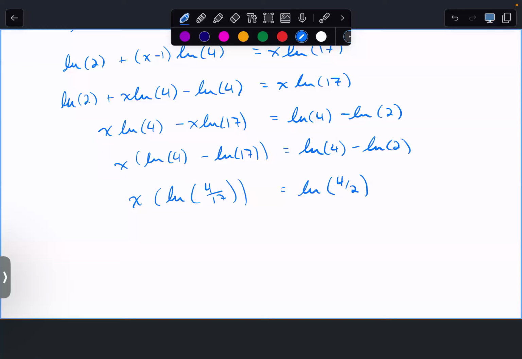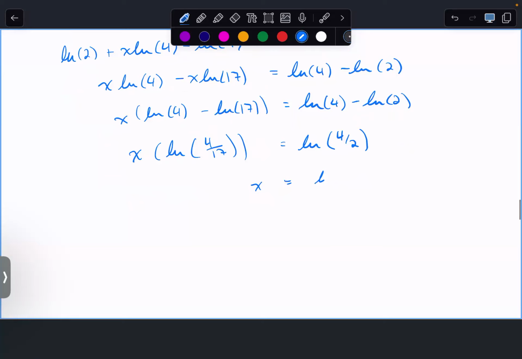Solving for x, I can divide both sides by the natural log of 4 over 17, and I get the natural log of 2 over the natural log of 4 divided by 17.